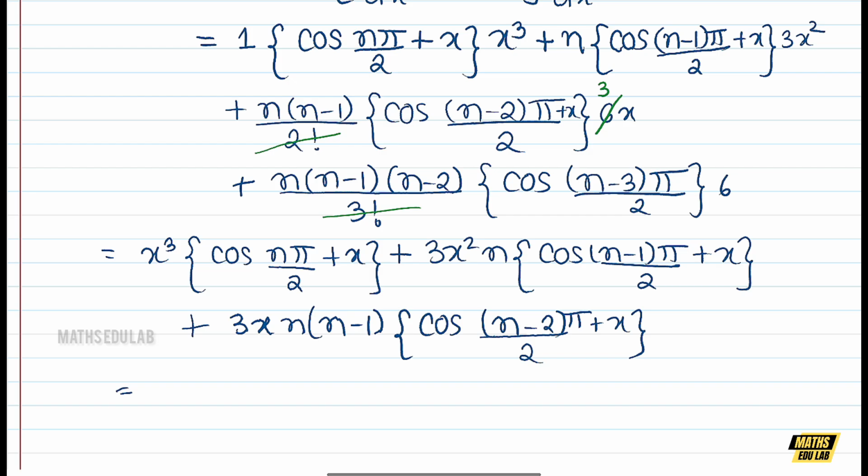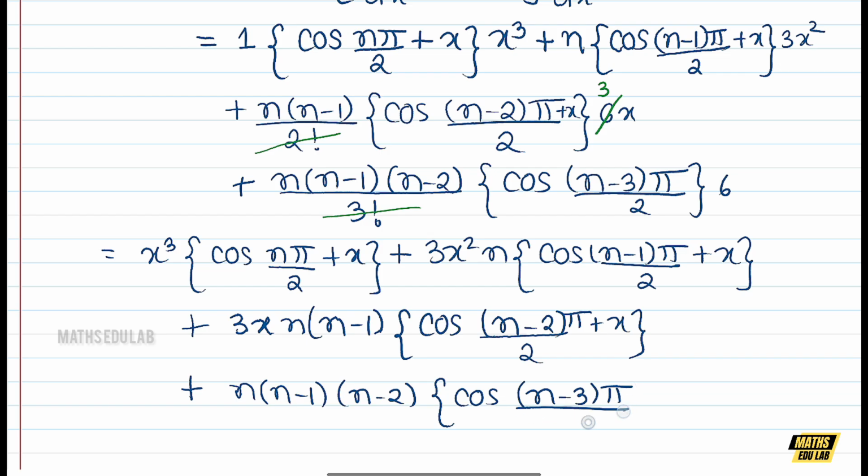The next step is plus n into n minus 1 into n minus 2, times cos of (n minus 3) pi by 2 plus x, where the 6 gets cancelled out.